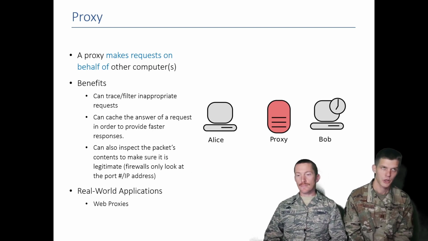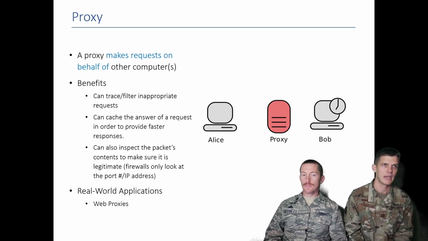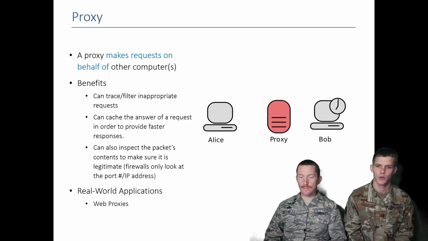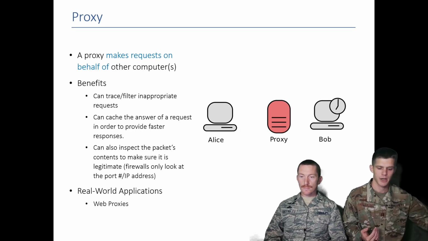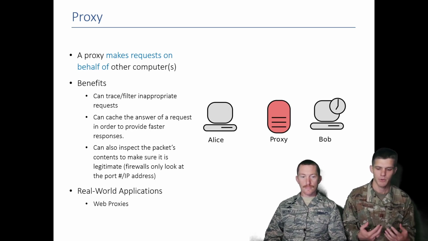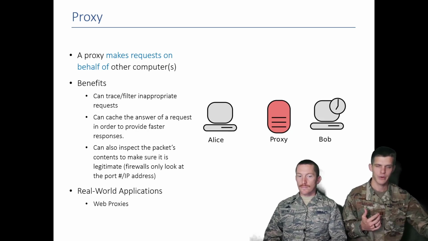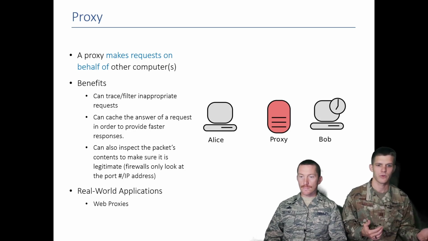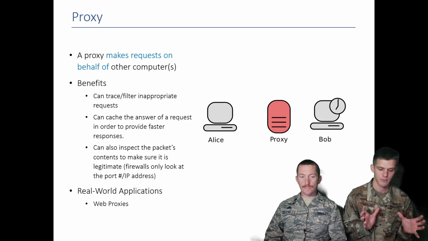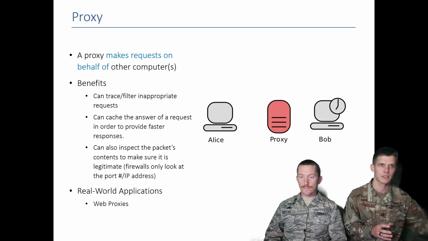Absolutely. So a proxy is an in-between computer between your system and a system out on the internet, or it could even be within the internal network. All it does is make requests on your behalf. So rather than your computer directly reaching out and making a DNS request, you might go through a DNS proxy, where the proxy goes and makes that request for you.